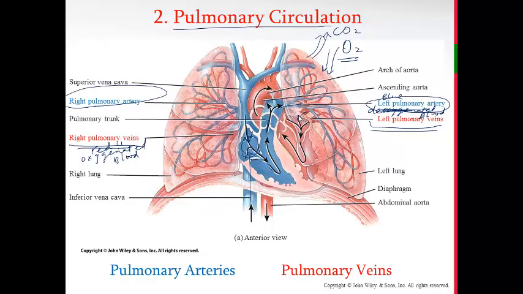So coming back into your left atrium, into your bicuspid valve, into your left ventricle, out into your aortic valve, and into the aorta. So make sure you know these are some exceptions. This is the place where you have arteries carrying deoxygenated blood and veins carrying oxygenated blood.